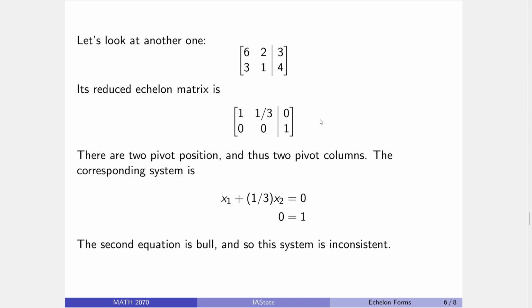Now note, that's because one of the pivot columns here landed on the rightmost thing, which we know corresponds to the right-hand side. So a pivot column showing up there is going to guarantee a 0 equals 1 situation, which we don't want, because that gives me an inconsistent system. Or maybe you do want. Maybe you want your system to not have a solution. I don't know what you do in your spare time, but maybe that's what you like.